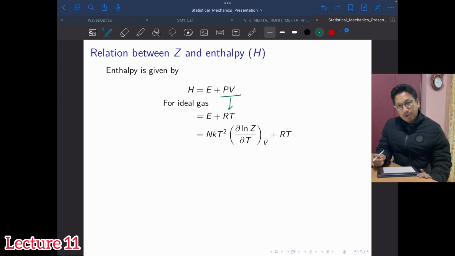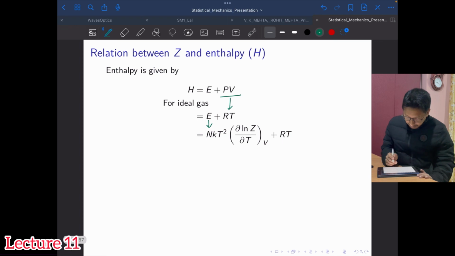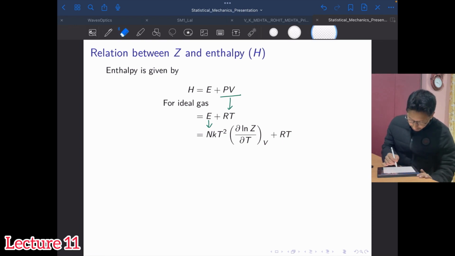That's how we have PV equal to RT here, and you substitute for E. Just now we have derived the total energy E, this expression, and then plus RT. So this gives you the relation between the partition function and enthalpy, right? This is quite simple. Let me highlight this part. This is your H, this is enthalpy.